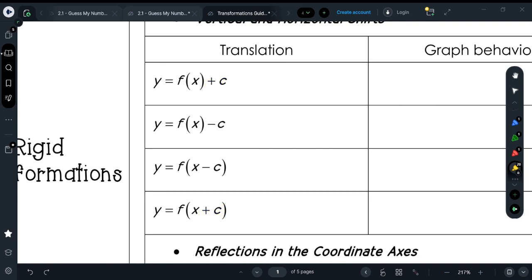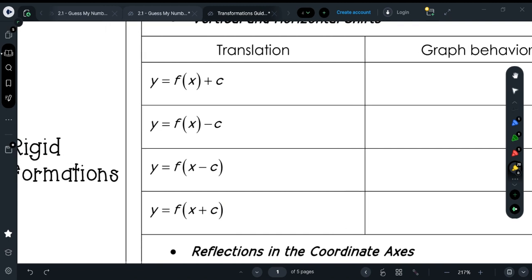And what I want to do before we fill in over here the graph behavior, let's just write this here. This here is add, because we have plus, and we're going to say outside. This is terminology that we're going to be familiar with. Like, we're going to ask ourselves, are we adding on the inside or the outside of a function? Because that is going to determine how it's translated.